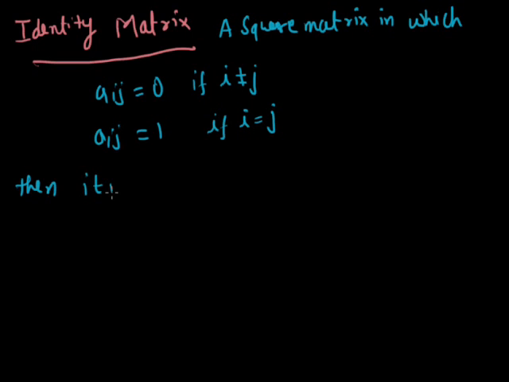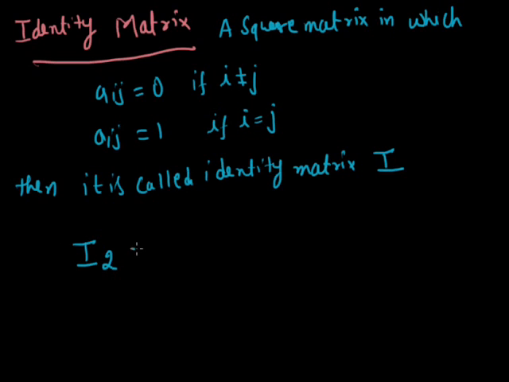then it is called the identity matrix, I. For example, I2 will be like this: 1 0 0 1.